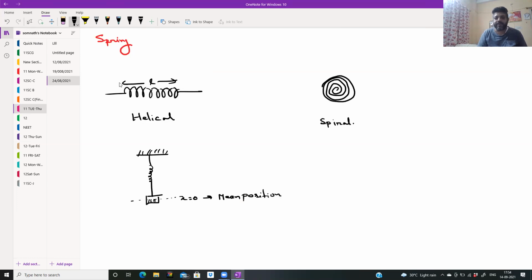Now if you put some weight, it will start to elongate. And when you release that weight, it will move in the opposite direction.